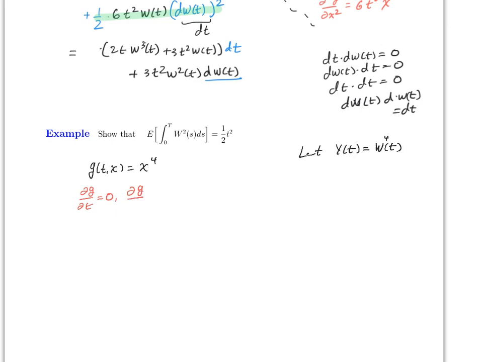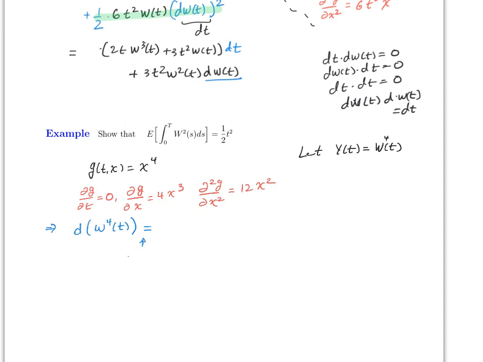The partial derivative of g with respect to x is going to be 4x cubed, and the second partial derivative with respect to x is going to be 12x squared. So then from here, we have the derivative of Y, but remember that Y is just this. You'll see in a second why I'm writing it like this.